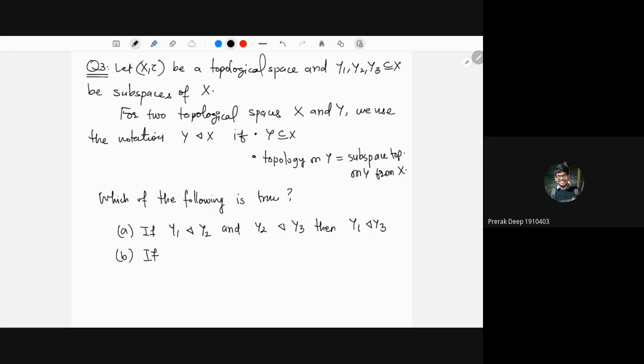Option B: if Y1 is a subset of Y2, Y1 triangle Y3 and Y2 triangle Y3, then Y1 triangle Y2.